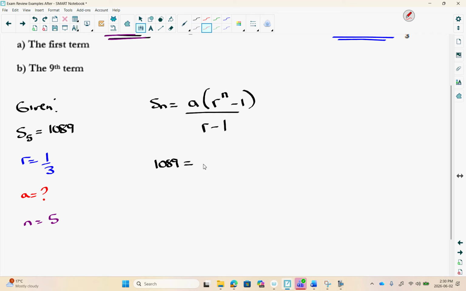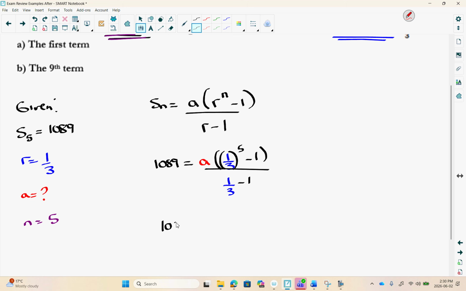I'm looking for A. I don't know what that is. I have 1/3 to the power of 5. So fill a 1/3 in here, subtract 1, and then a 1/3 down here, and I'll subtract 1.